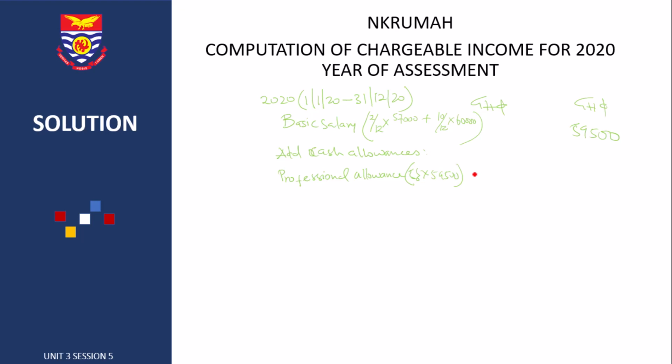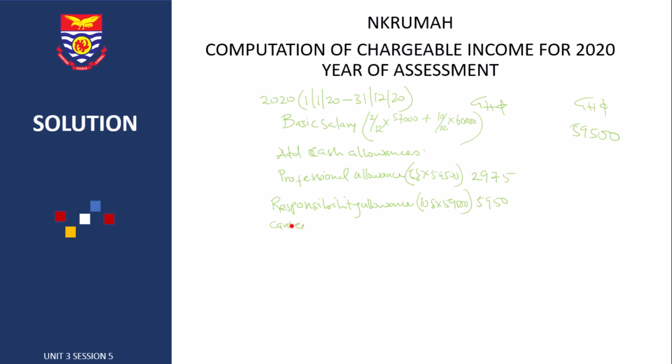And this gives us 2,975. She also received responsibility allowance. And we're told that is 10% also of basic salary. So we have the value to be 5,950.